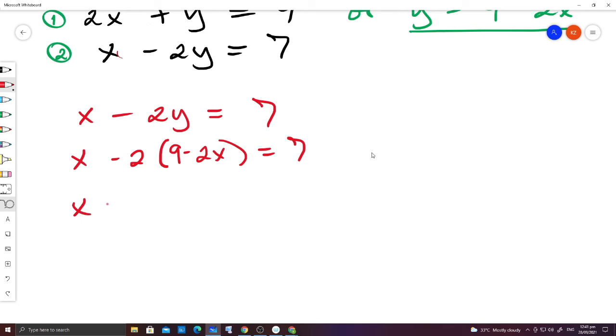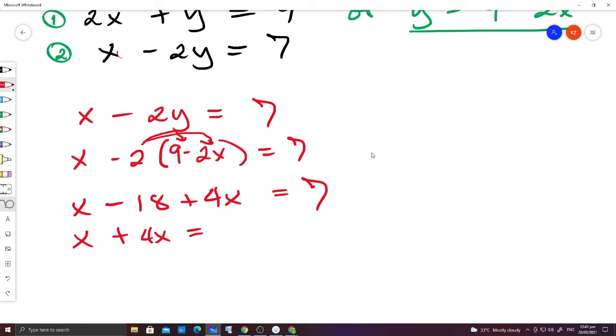Okay, so x minus 18. Multiply. Negative 2 times negative 2 is positive 4x equals 7. Then x plus 4x, let's rearrange. 7, and then moving negative 18 to the other side, it will become plus.